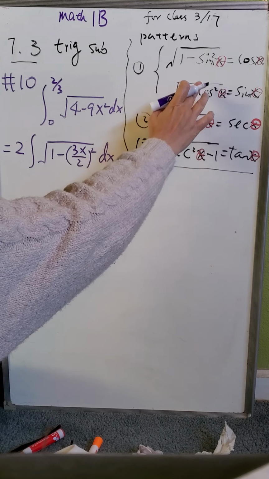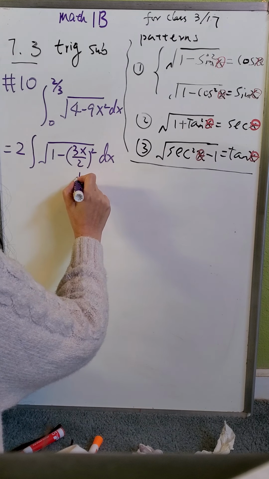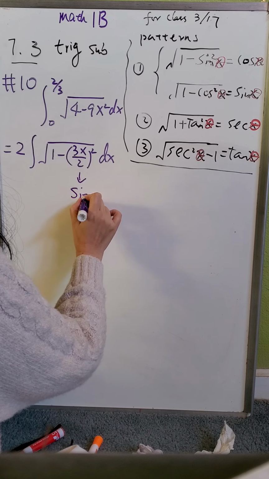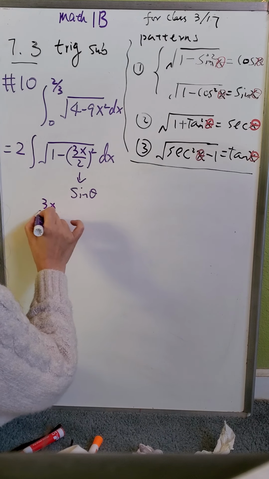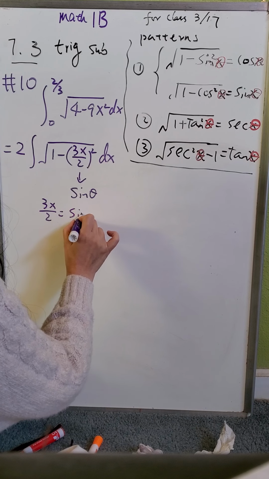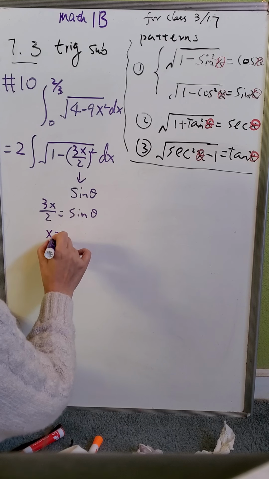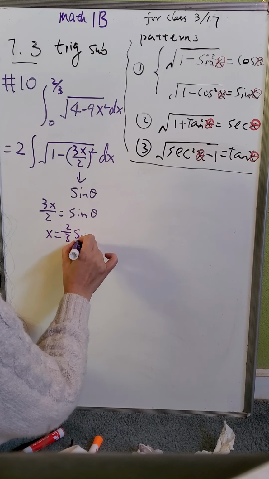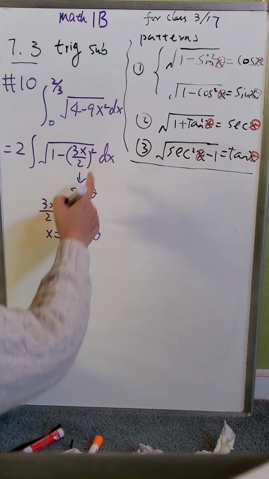So we're going to let this be sine. So we have 3x over 2 equal to sine theta. And then solve for x, so x equals 2/3 sine theta. And then now take the derivative.